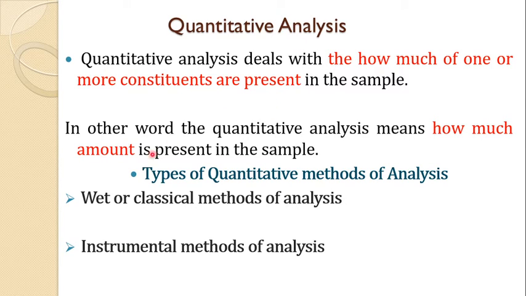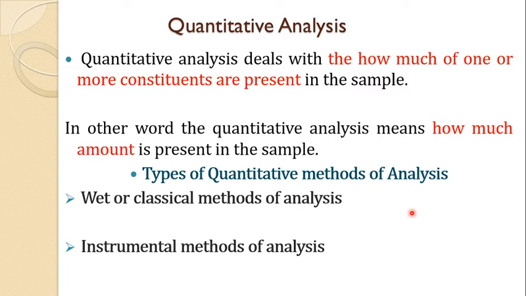And that quantitative analysis is again divided into two types, that is weight or classical methods of analysis, which we saw in the last lecture, that is gravimetric analysis or volumetric analysis, and the instrumental methods of analysis, in which electroanalytical techniques, spectroscopic technique, chromatographic technique, separation technique, thermal methods of analysis, kinetic methods of analysis, X-ray methods of analysis, optical methods of analysis, like this. So by using these methods, instruments or classical methods, we can find out the amount, and our aim is errors in quantitative analysis.